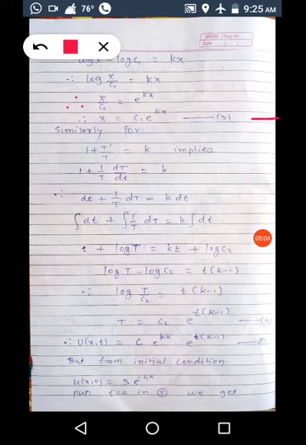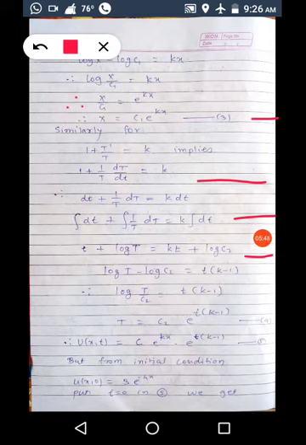Similarly, for 1 plus T dash by T equal to k, we have 1 plus (1/T) dT/dt equal to k. Multiplying throughout by dt, we get dt plus (1/T) dT equal to k dt. After integrating, we get the integral of dt plus the integral of 1/T dT equal to k times the integral of dt. So t plus log T is equal to kt plus log c2.